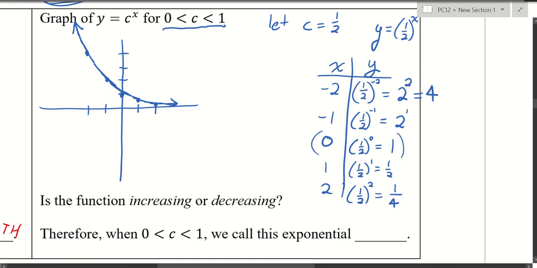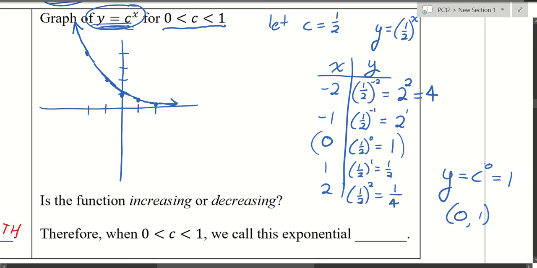And that's always going to be true for exponential functions of this form, because if we raise our base to the power of 0, we're always going to get 1 out. So we're always going to have this ordered pair 0 and 1 for exponential functions of this form.